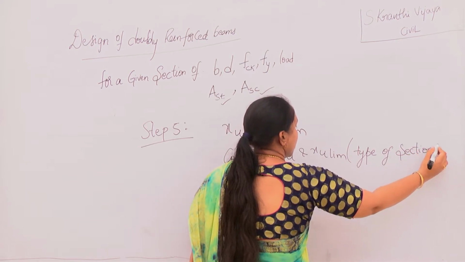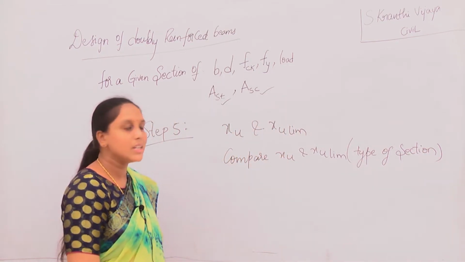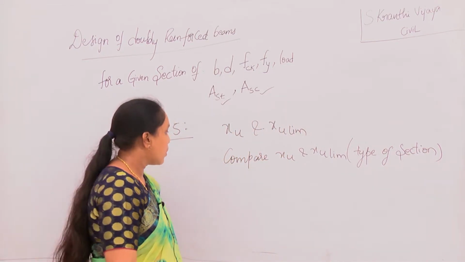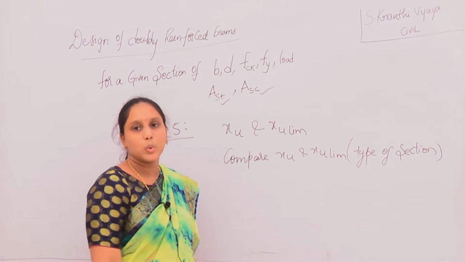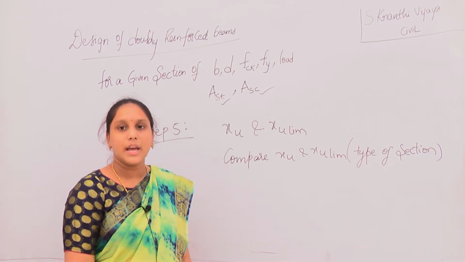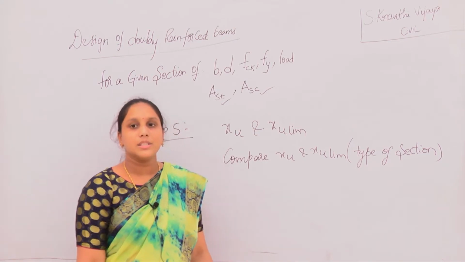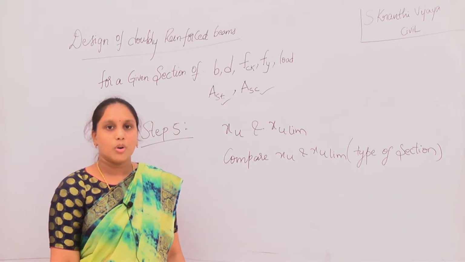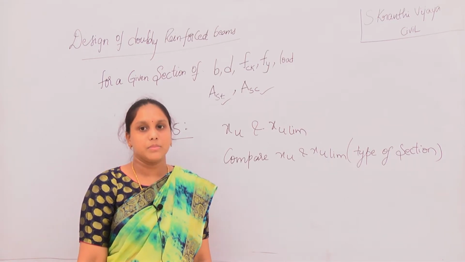If the section is over reinforced, then you have to go for redesigning. So these are the steps you have to follow for designing of a doubly reinforced beam.